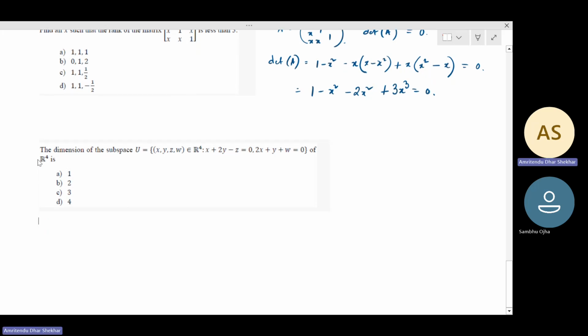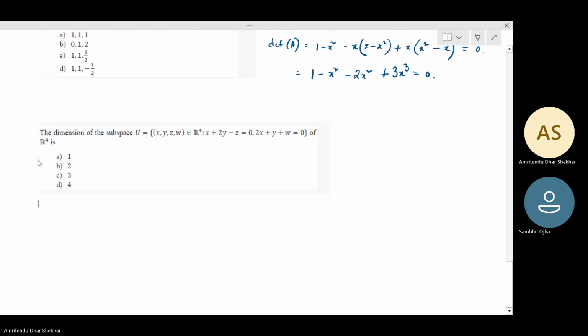So how do we actually solve a problem like this? One way in which we can solve this is as follows. First consider a map. T is a linear map from R4 to R2.